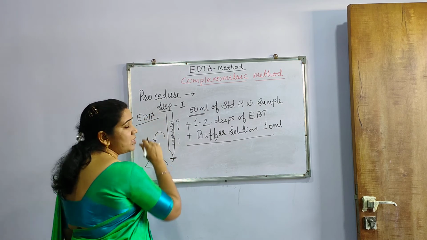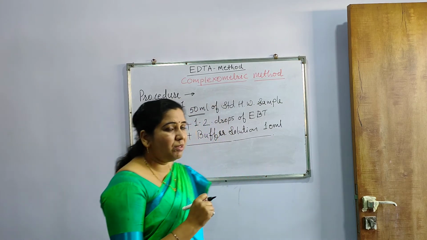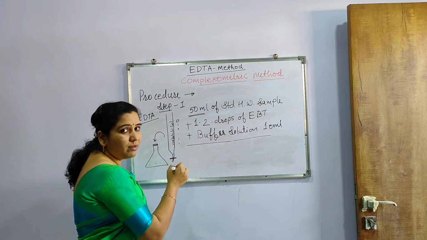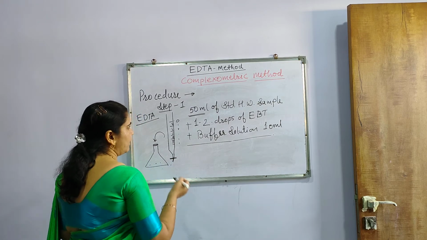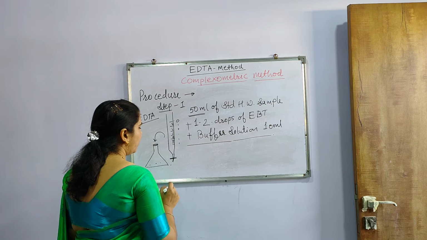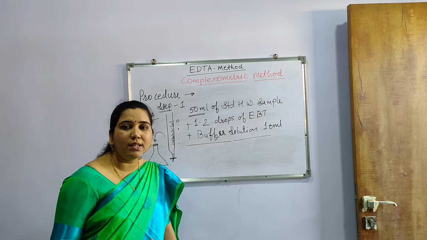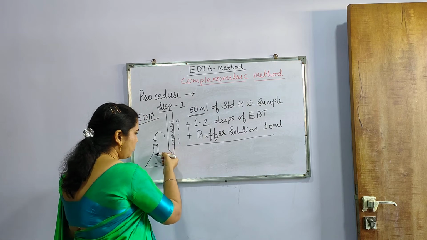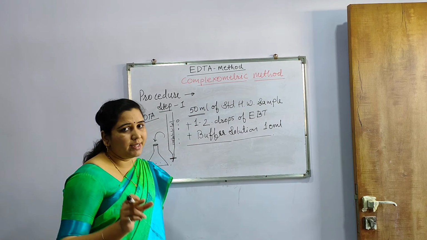So the EDTA which we have made, which is 1 molar, is to be filled into this burette so that we get a proper reading. So fill EDTA up to the 0 mark, and then to this solution which we have just prepared, which is wine red in color, we add EDTA drop wise till we get a color change.